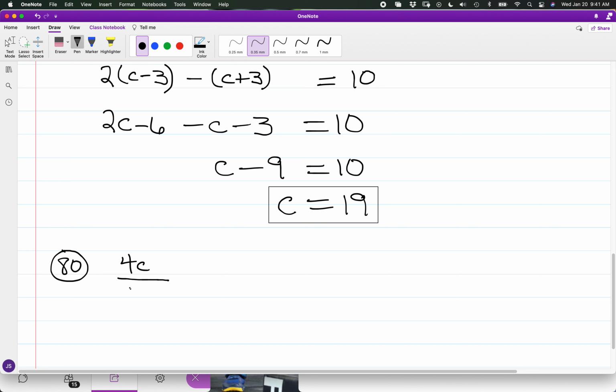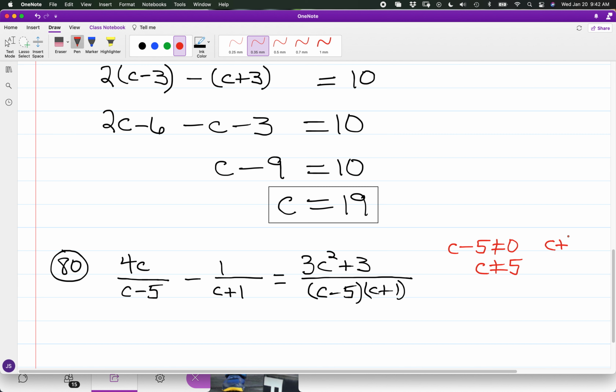So in the setup, for the restrictions placed upon c, we have that c minus 5 cannot be 0, so c cannot be equal to 5. And c plus 1 cannot be equal to 0, so c cannot be equal to negative 1.